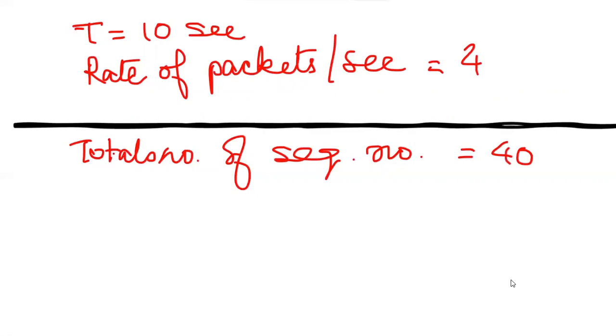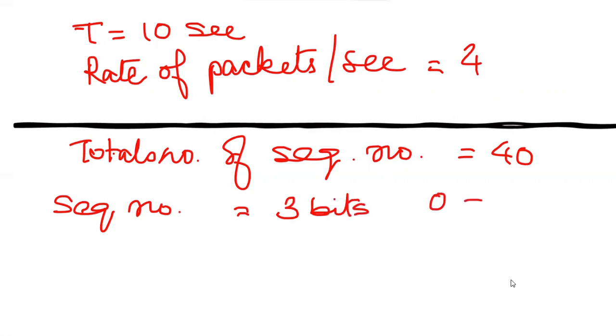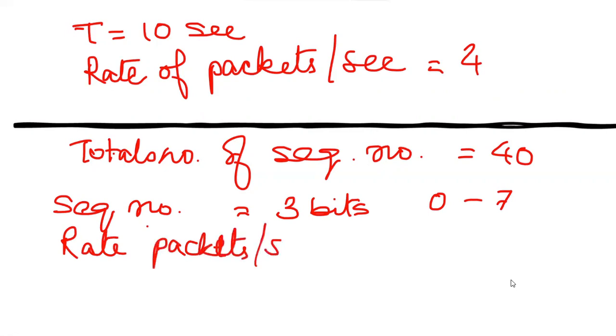Similarly, if I say that my sequence number field will have 3 bits, 3 bits means 0 to 7. Okay, and my rate of packets per second is 2.